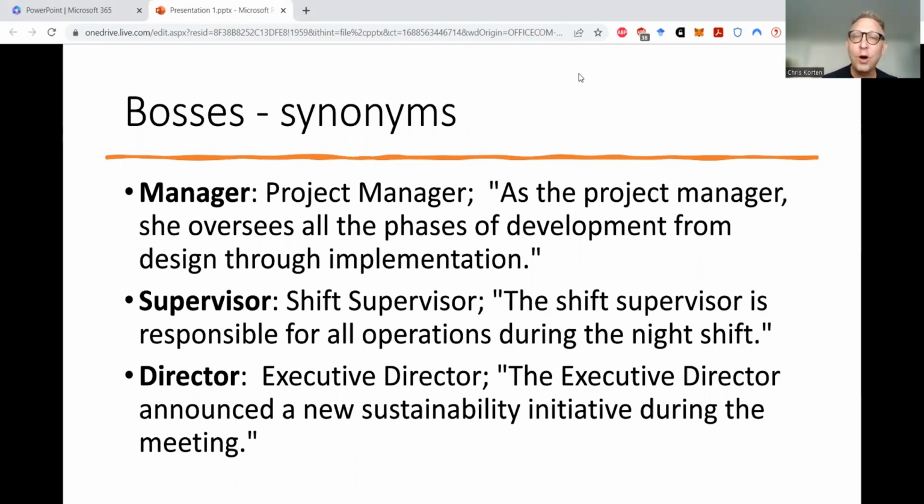The most common collocation would probably be project manager. And you have project managers on building projects, or if you're an engineer leading the group, you're a project manager. I think any IT applications might have a project manager assigned to it. So this is a person who leads a team or a project and a team that works on the project.